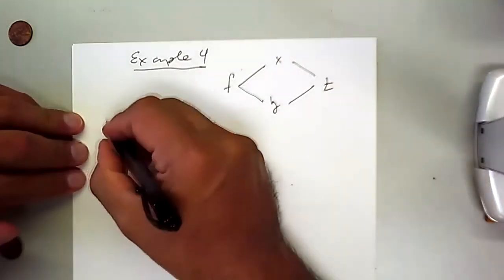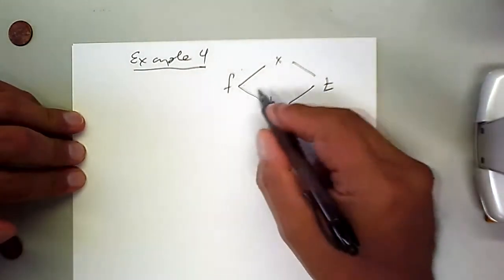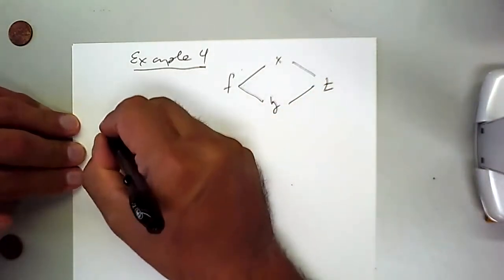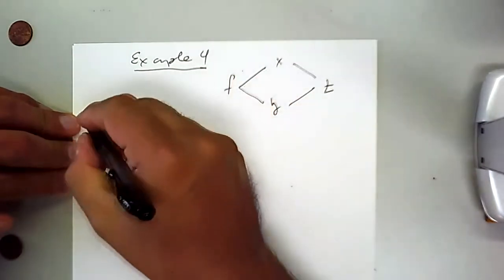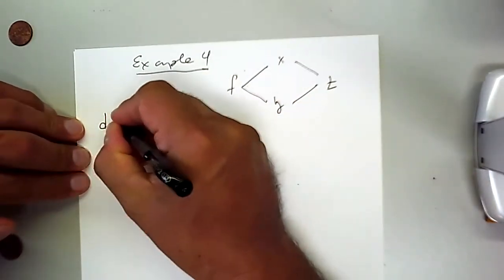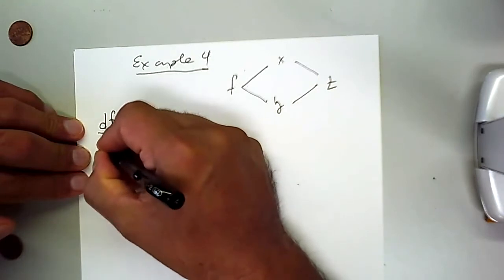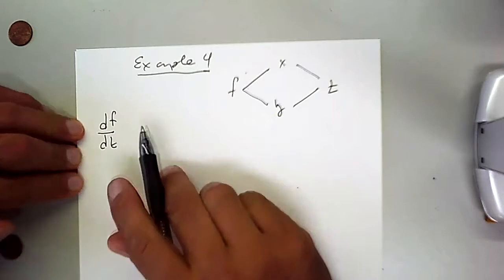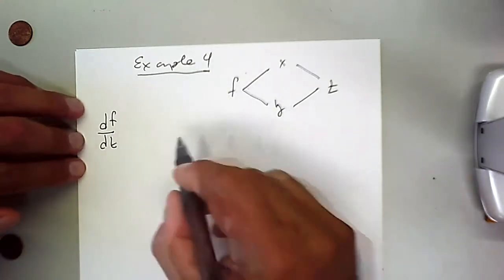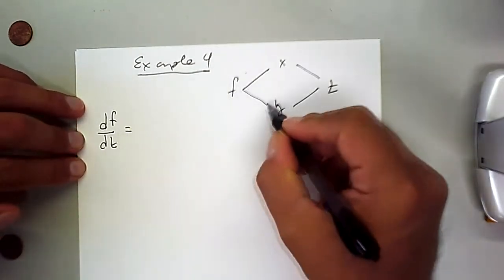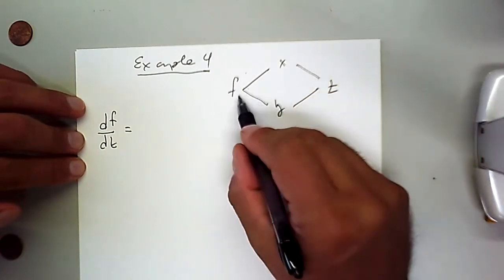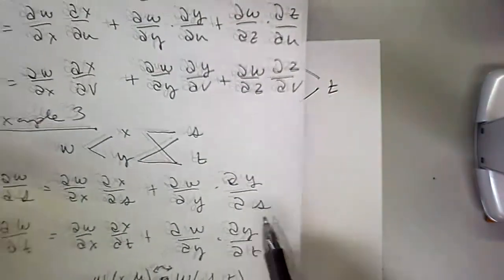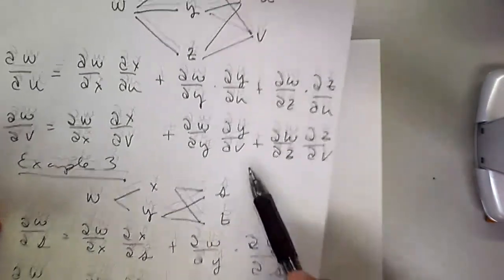And the question is, what is the derivative of F with respect to T going through the X and the Y? Well, first of all, because there's only one variable, we're not going to do a partial derivative. This is a regular derivative. So straight d, that means that we have a regular derivative, because ultimately F is a function of one variable, as opposed to example 3, where W was a function of two variables.